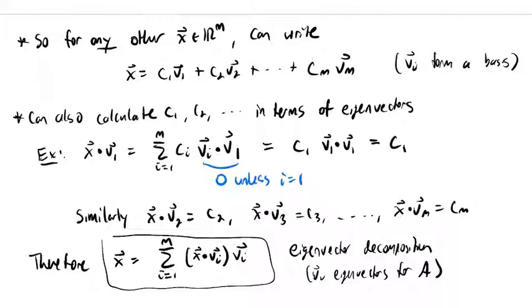Since A is linear, when I apply A to x, it's just a sum of A applied to each of these terms. The dot product is a constant, so I can factor it out because the matrix is linear. Then I'm just looking at a combination of A applied to the different vi's, but the action of A on each vi is very simple. It just scales it. This makes it a lot easier to work with the matrix.